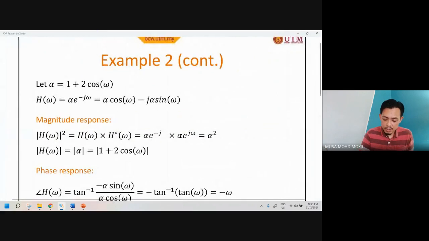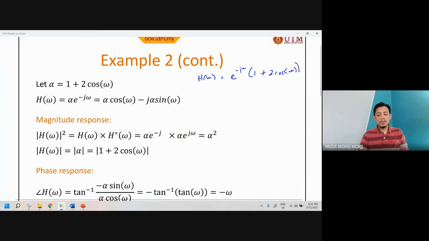Okay, let's write that again. What is our H omega? Our H omega is e minus j omega, 1 plus 2 cos omega. Now let's assume that this one is equal to alpha, because we want to manipulate this so that we can solve it easily. We don't want to expand this into cos and sine.